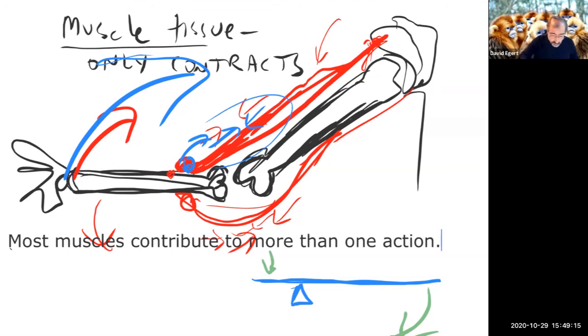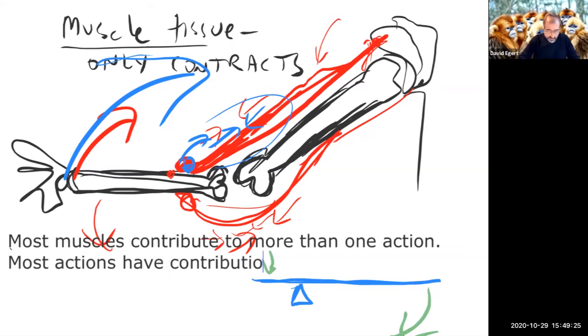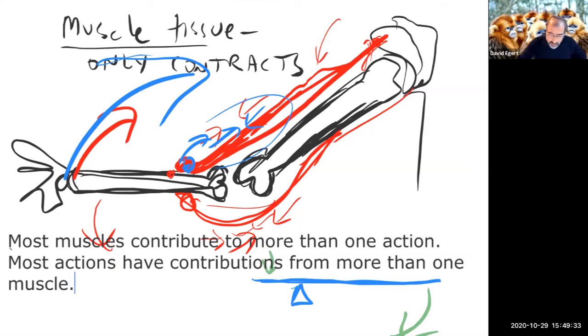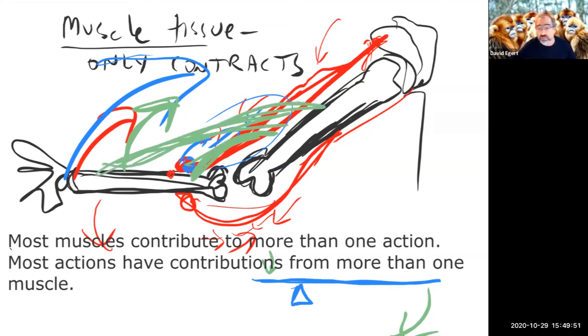The other thing that's important to realize is most actions have contributions from more than one muscle. For instance, flexing your elbow is done by the biceps brachii, but it's also done by the brachialis muscle, which also crosses this joint, and by the brachioradialis muscle, which also crosses this joint.